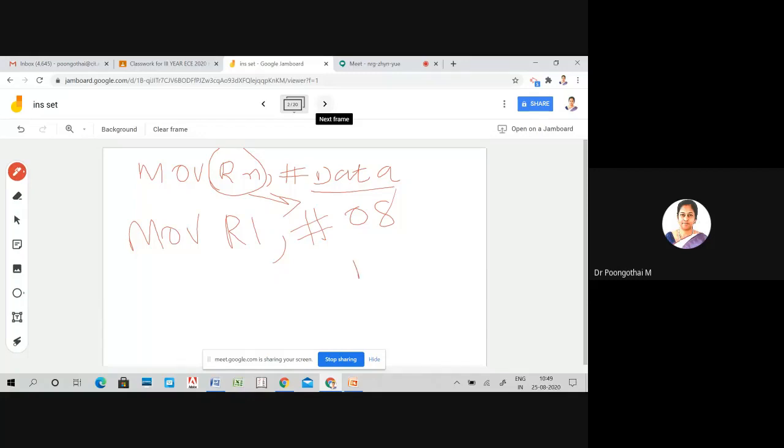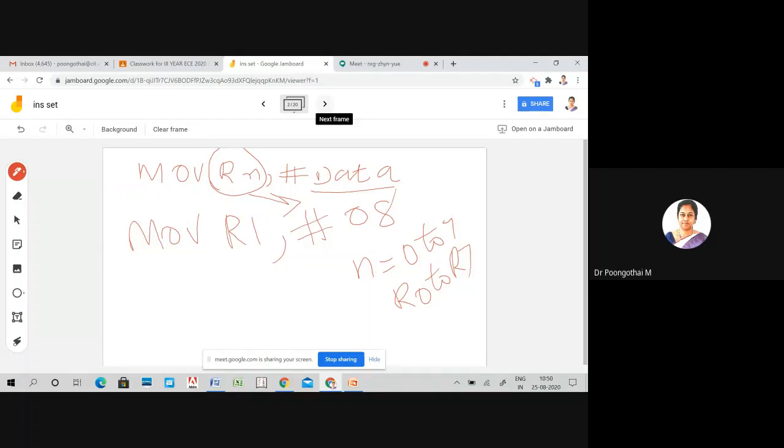Here n represents 0 to 7, that is, from R0 to R7. We are copying the 8-bit data into a general purpose register. So your register here is Rn, from R0 to R7.